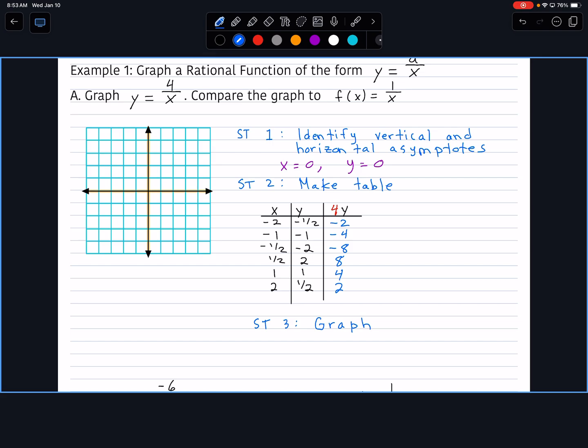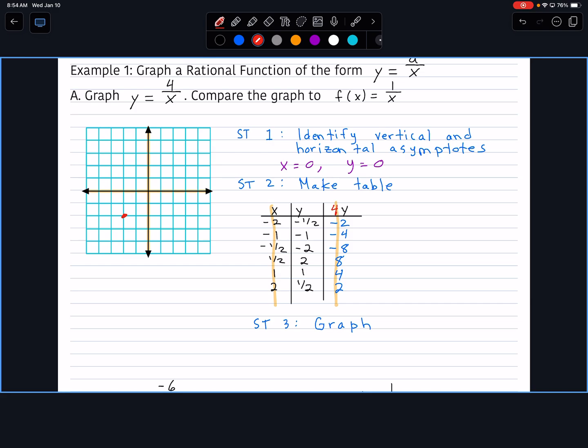Again, what's important is you graph to the left and to the right. If you can't fit something on, that's fine. So let's see what we got here. Remember, these are the x coordinates, these are the y coordinates. I'm going to graph the point -2, -2.